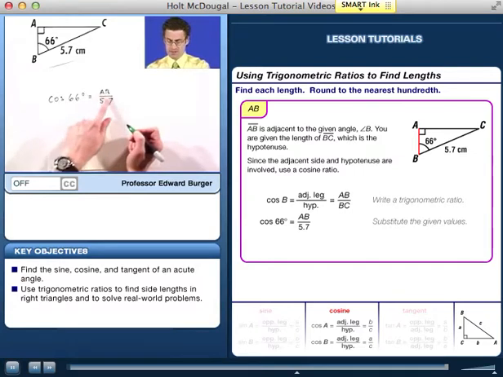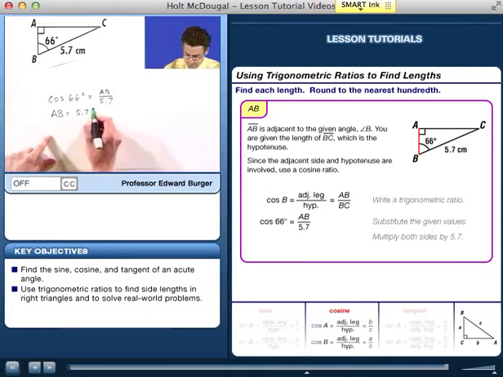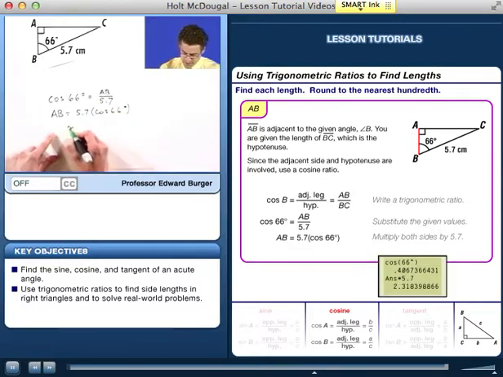Now I can solve this for the length AB by multiplying everything through by 5.7, and so the length AB is equal to 5.7 times the cosine of 66 degrees.